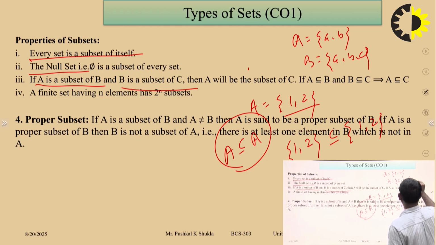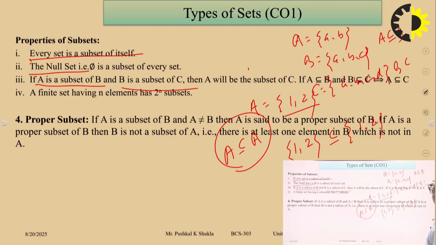So here A is a subset of B, and similarly C equal to {a, b, c, d}. So here B is a subset of C. So both conditions are satisfied here. A is a subset of B and B is a subset of C, then A will be a subset of C. So here a, b is also in this set C. So we can say A is a subset of C.